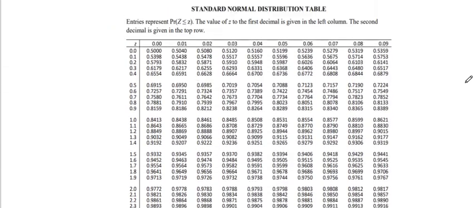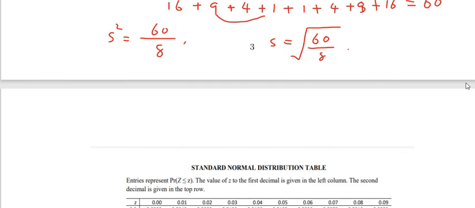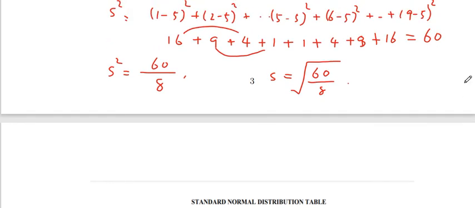Okay, so let's say it seems okay. How about we replace the population's standard deviation by the sample's standard deviation? Can we do that?